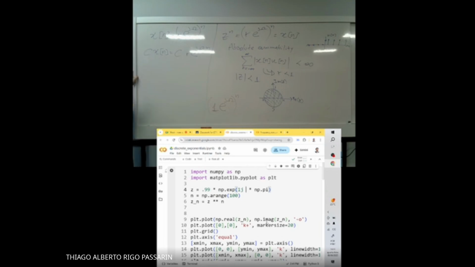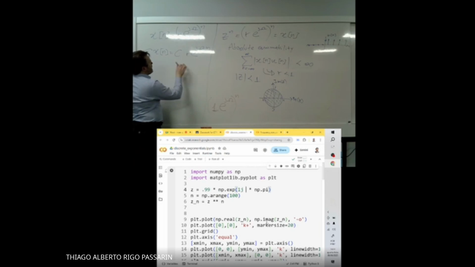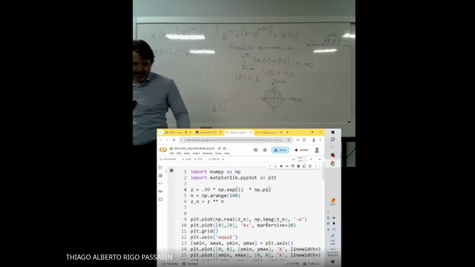If I take each sample individually, I have to sum the phase of this guy, and I have to multiply the radius of this guy by the radius of the original signal.